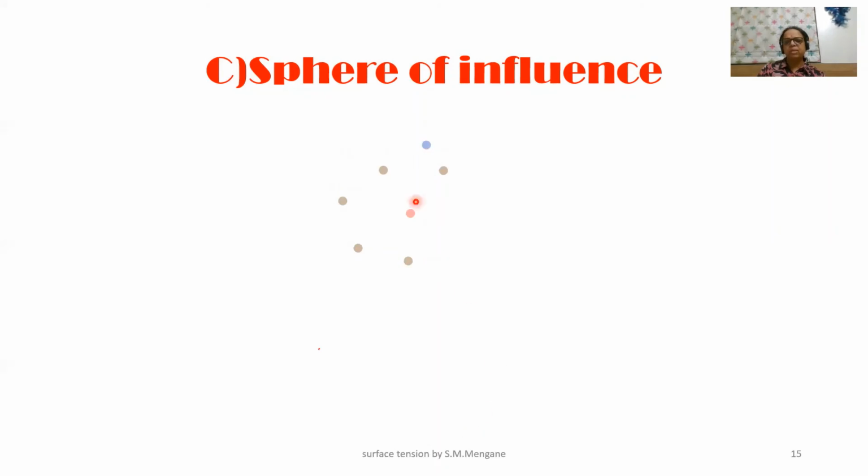If we draw a circle or a sphere like this, then this sphere indicates the sphere of influence of the charge. In our molecular theory, we treat this charge as a water molecule. A water molecule can be shown by a dot, and this sphere indicates the sphere of influence.